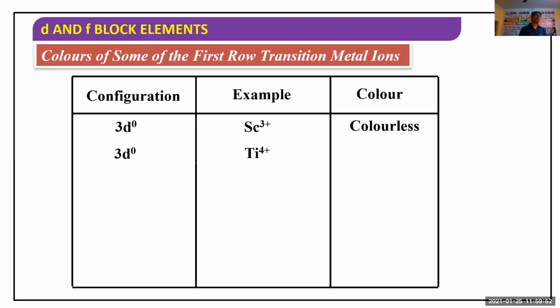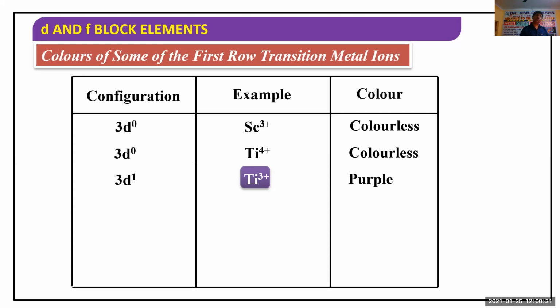Without a d electron, there is no color. Zinc 2 plus compounds, like zinc carbonate and zinc sulfate, are all white. There is no color because 3d10 is completely filled up for zinc 2 plus ions. So if d is completely filled or d is empty, then there is no color. So d0 is a colorless compound.